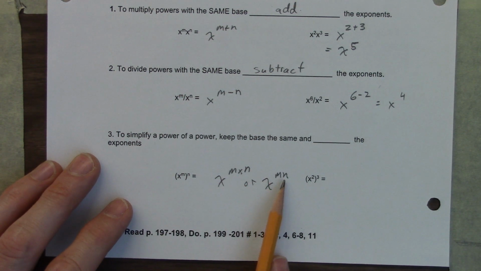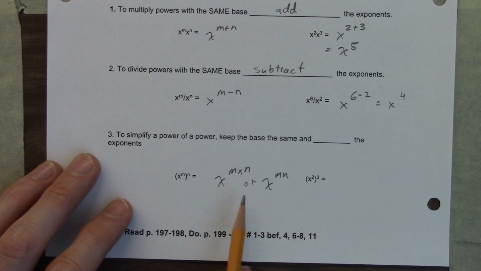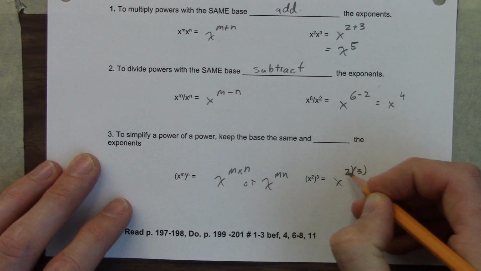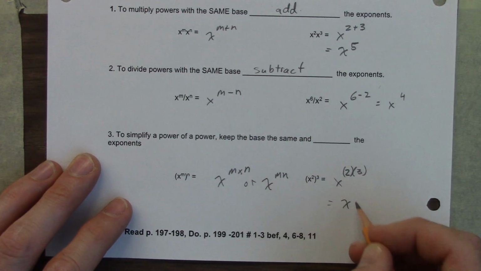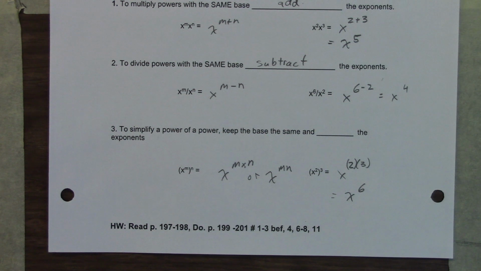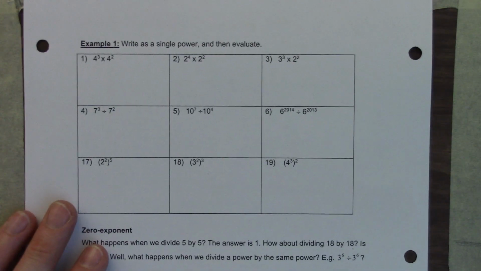You would just write x^(mn). Okay, and this would be x^2 to the exponent 2 times 3, x to the exponent of 6. Any questions? So far, so good, right? We're going quick here. Beautiful. First page done. Second page.